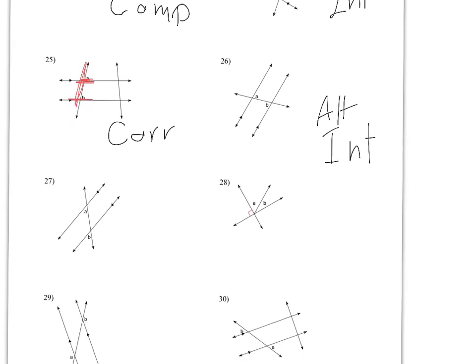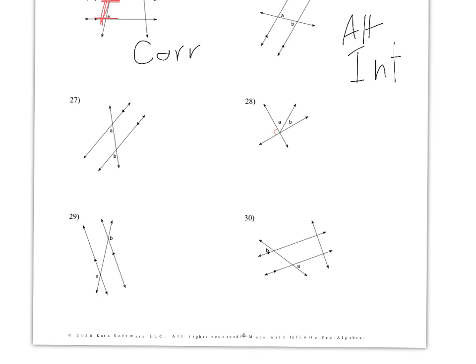All right, almost done. Last couple here. Number 27, corresponding again. The angles are in the same position. Again, the right angle, so I'm going to say that's complementary. Number 30, or well, let's go 29.